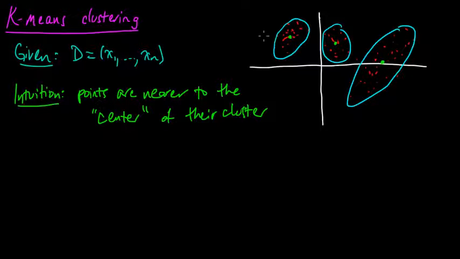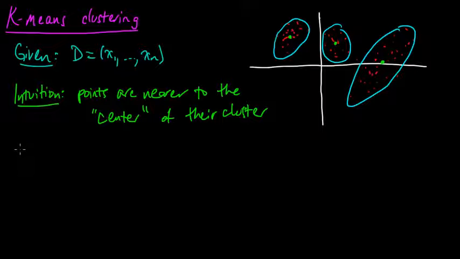So that's one problem, right? One problem is, what is the concept of a cluster? And another problem is, how many clusters should we look for? You might want to let the data tell you how many clusters there are. But in k-means, we're going to pick a certain number of clusters ahead of time, k, and we will look for that many clusters.